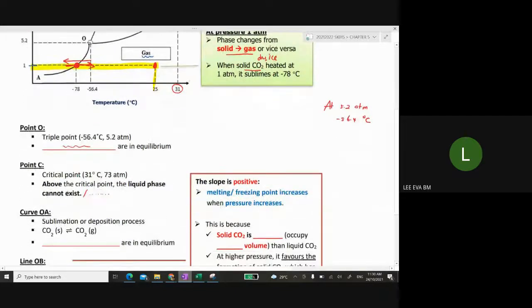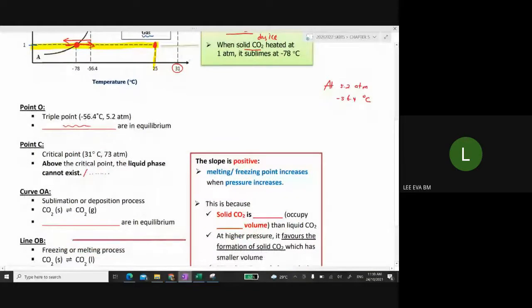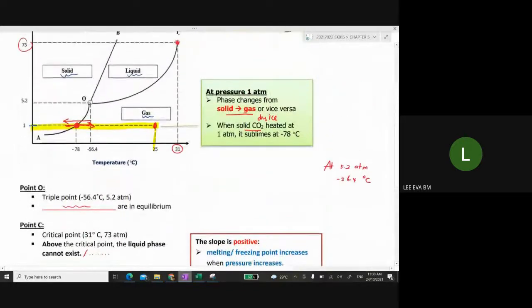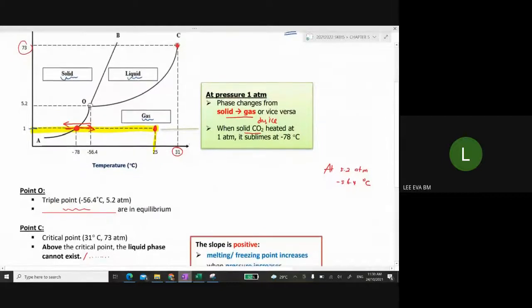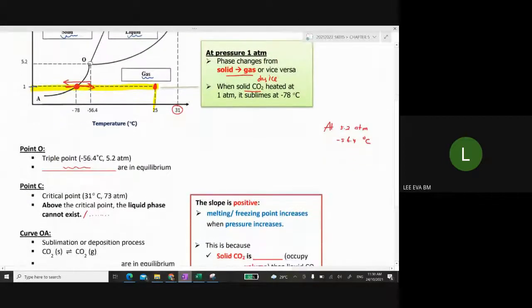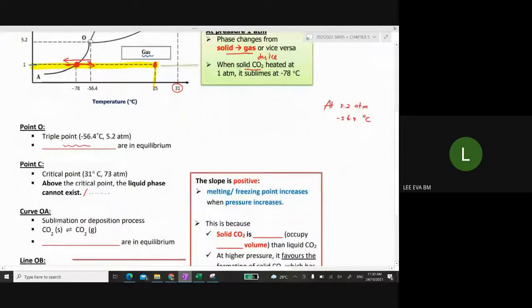Next we come again to curve OA. Just now you mentioned curve OA. That means you can find your solid and gas phase. This is also referred to as the sublimation process: dry ice sublimes into gaseous carbon dioxide. Sublimation means you change from solid into gas, or deposition is the process from gas into solid.